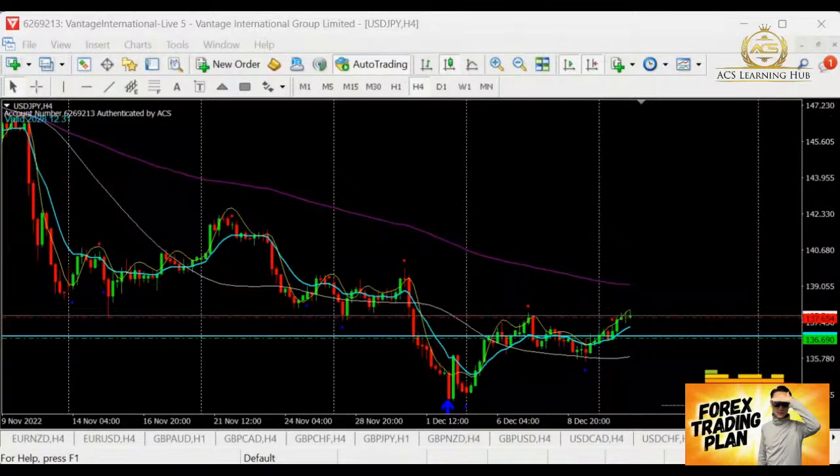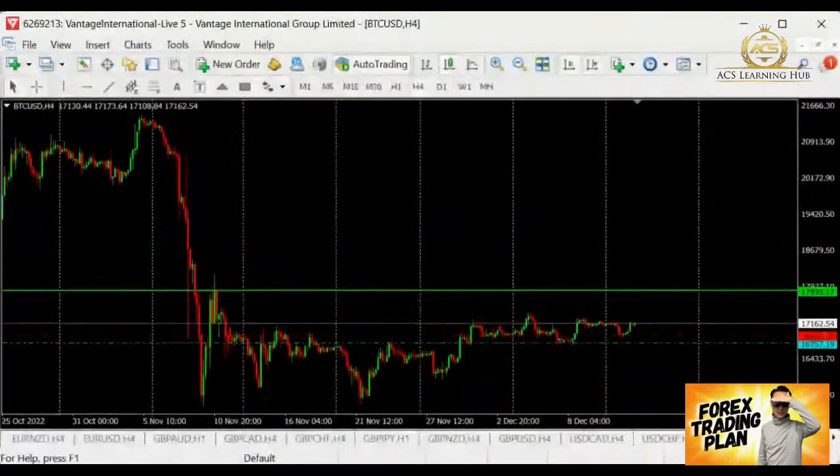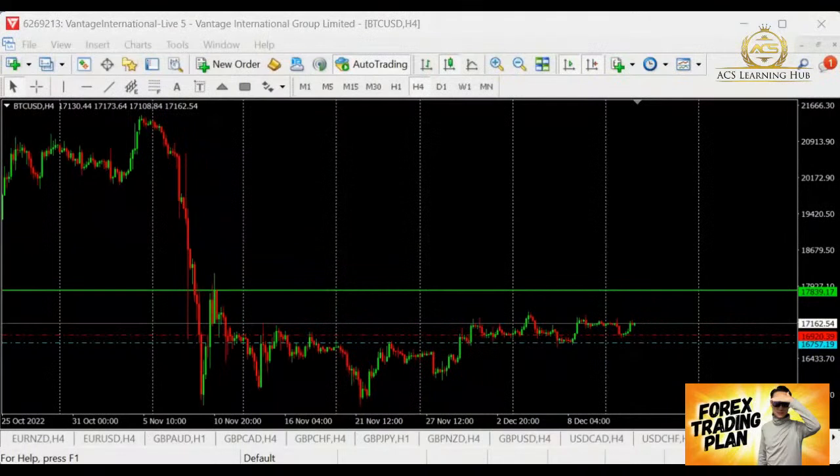For example, Bitcoin. We are still in the 17,100. Probably I see that there may be a chance, a good chance of selling, maybe. But then again, we're still hovering at this point.